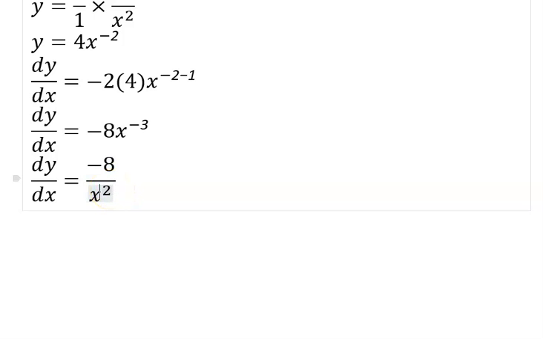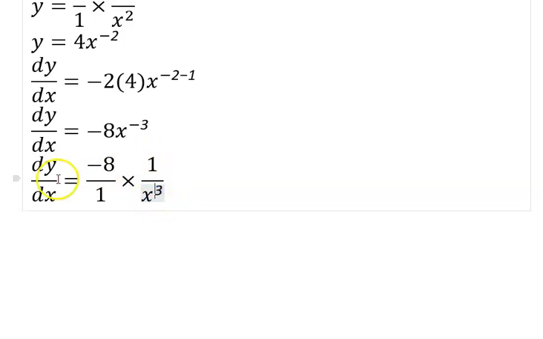So I'm trying to see how we can simplify what we have here. You have this -8, still the same thing as -8 over 1, then you have this x raised to the power -3, still the same thing as 1 over x raised to the power 3.